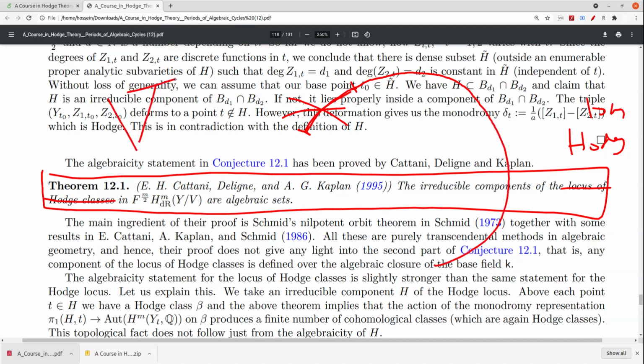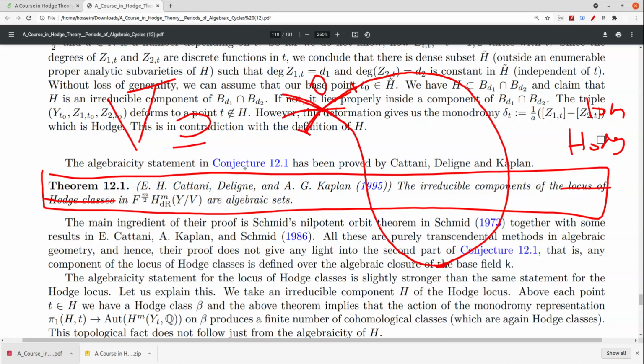Remember that our parameter space is V, everything is inside V. And so there will be an algebraic set in V, which crosses this point 0. And actually, different local irreducible components might correspond to the same algebraic set.